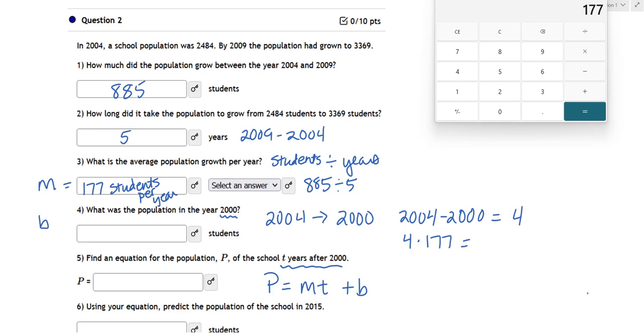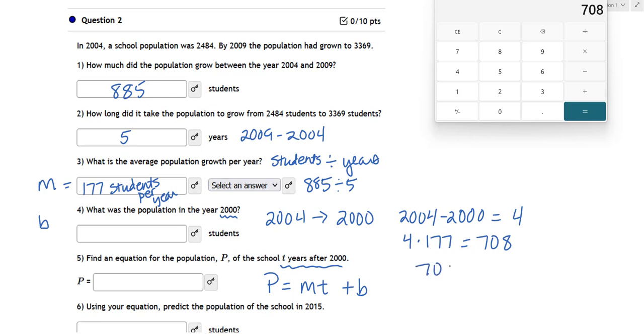So let's see what that is. 708. So we take our 2004 population, which was 2,484, and subtract 708, and that should be the population in 2000.